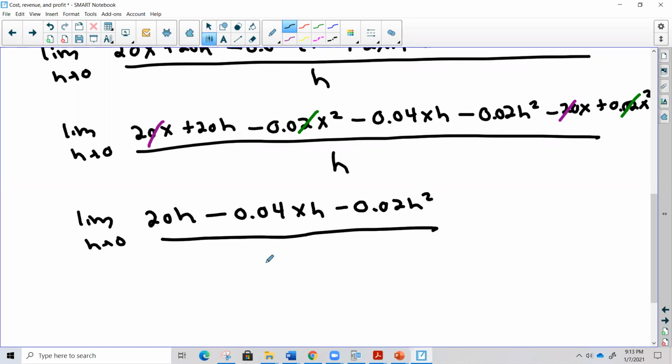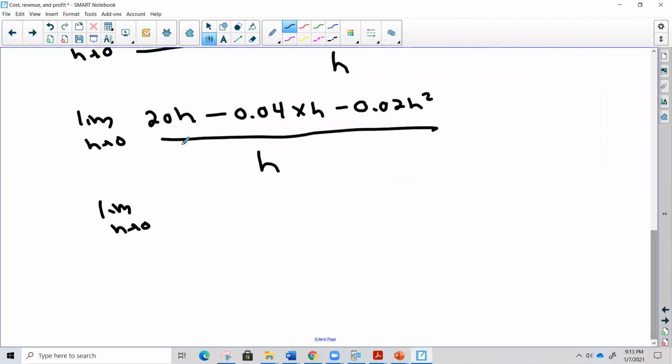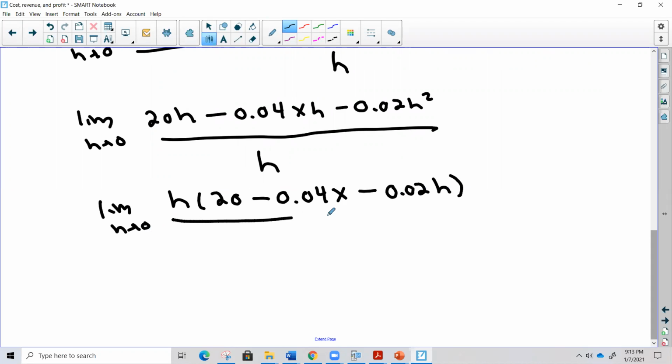And then the last part is now that I have an h in everything in the numerator, I can cancel it. So again, you can either factor it out and then cancel it, or you can divide each term by h, whichever you're more comfortable with. I'm going to factor it. So I'd have 20 left minus 0.04x minus 0.02h, because I'm only factoring one h out, times h. Cancel the h's.